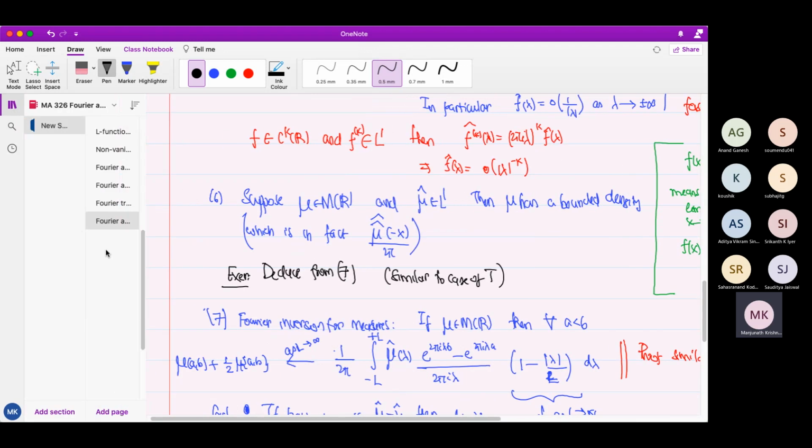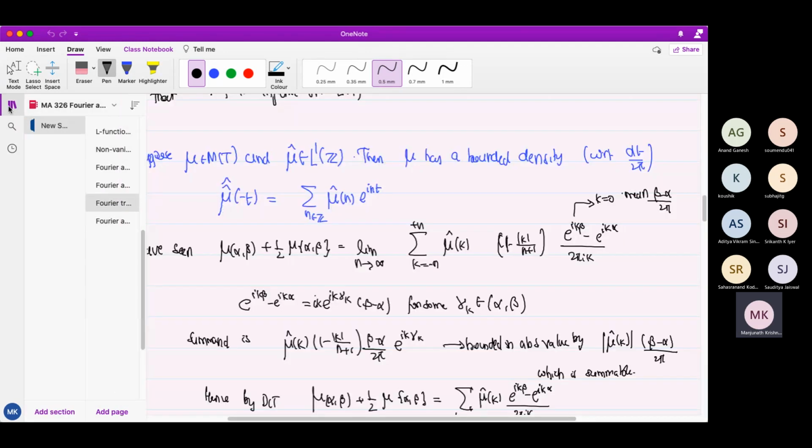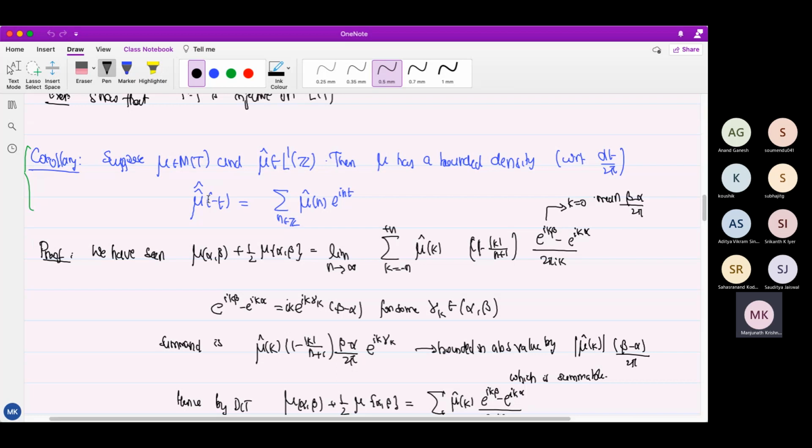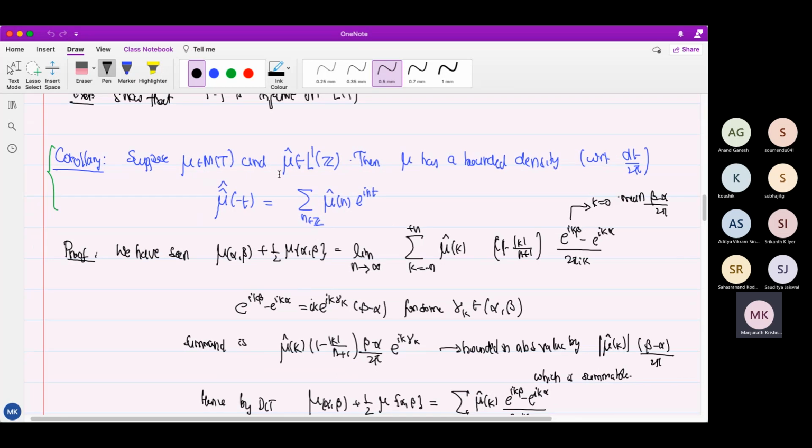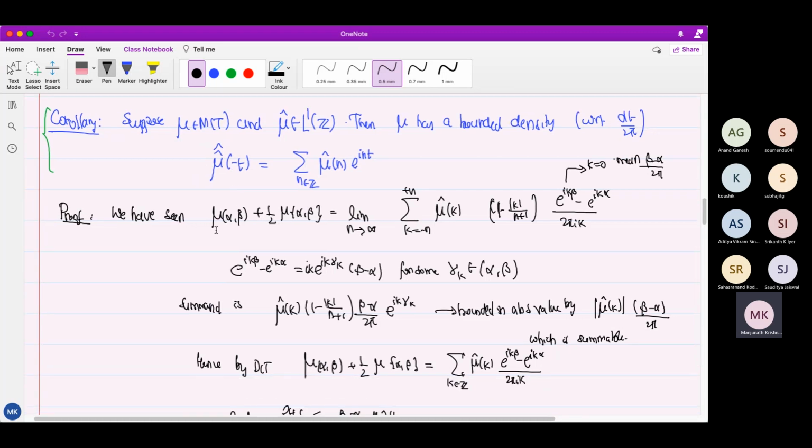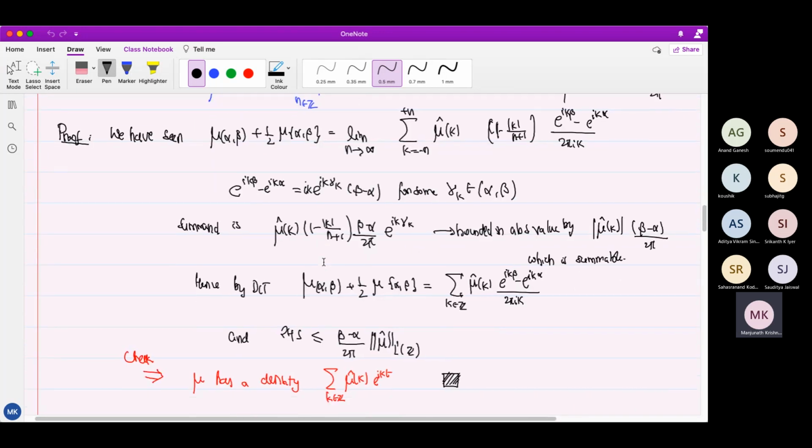So let me just go back and show you what happened there. We had this: if mu hat is in L1, then we get a bounded density which is given by mu hat hat of minus t. So we started with the inversion formula, an analog of which I have written and left as exercise. We start with this inversion formula and then you get this.